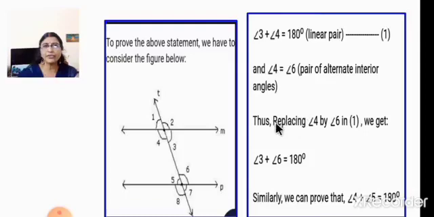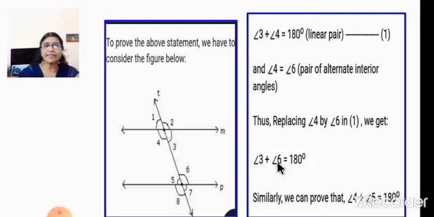Now what we are going to do? We are going to replace angle 4 by angle 6, because as we know angle 4 is equal to angle 6. In place of angle 4 we can write angle 6 also. So in equation 1 we will write angle 3 as it is, and in place of angle 4 we are going to write angle 6.